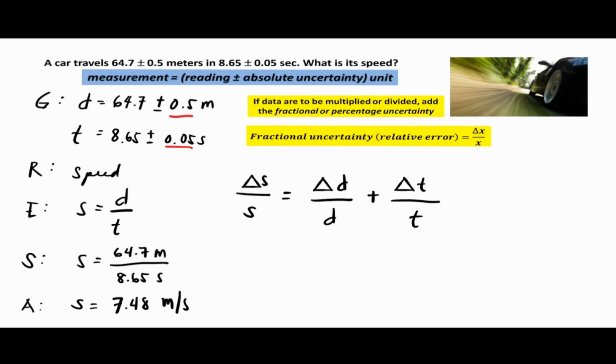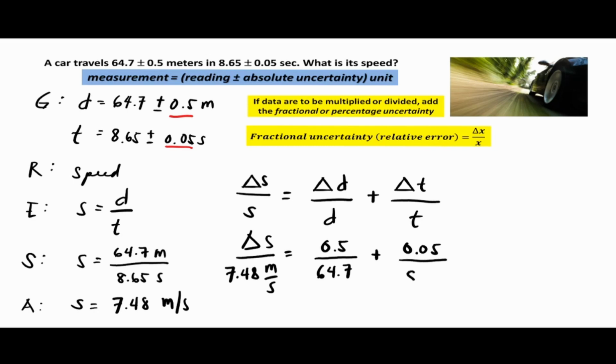Since we have a given measurement for speed, 7.48 meters per second, we substitute our values. So delta S divided by 7.48 meters per second equals 0.5, the absolute uncertainty for distance, divided by the measured distance, 64.7, plus the fractional uncertainty of time, 0.05, divided by 8.65.